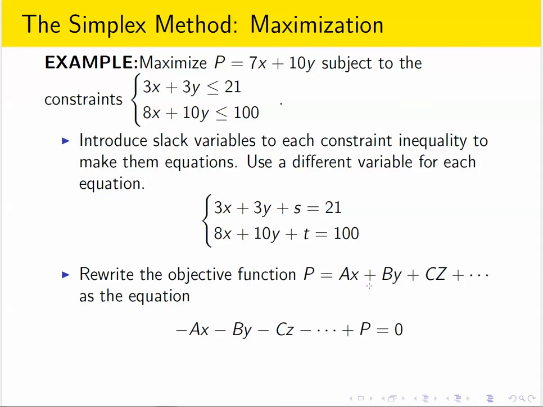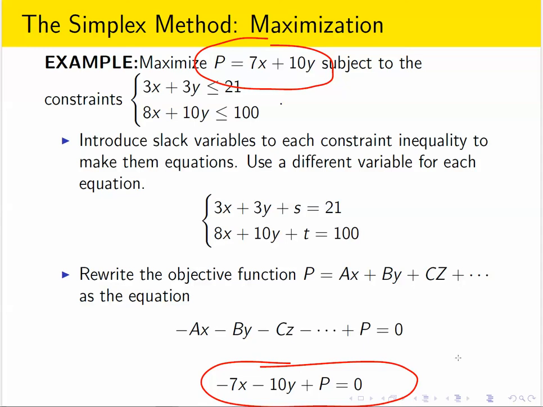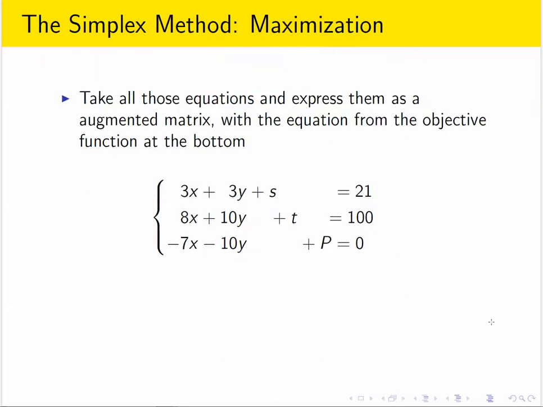We take the objective function and move all of the variables to the same side as the symbol that represents the function. And so that formula for the objective function becomes this equation with the right side equal to 0. So now I have two equations that came from our constraints, one equation that came from the objective function.